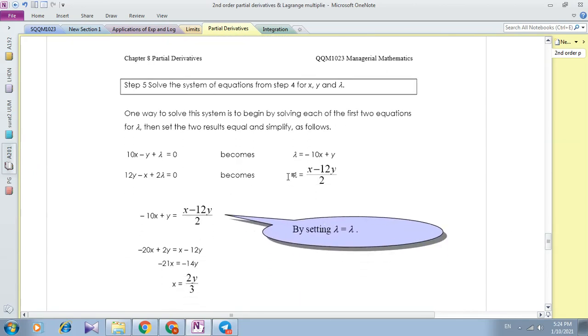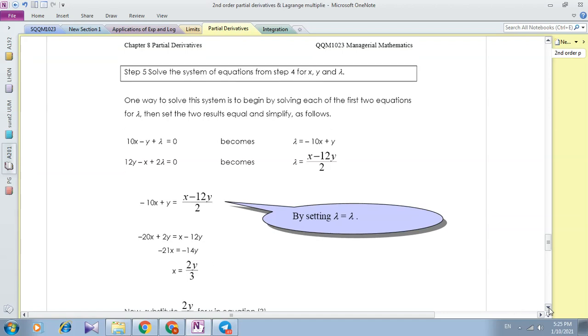Maybe you can look at here. In this case, they are trying to eliminate y first, eliminate lambda first. So that's why they set lambda equals something. And for the second equation, also lambda equals something. Since both are lambda, we can equate the right sides of the equations to find x equals something, 2y over 3.